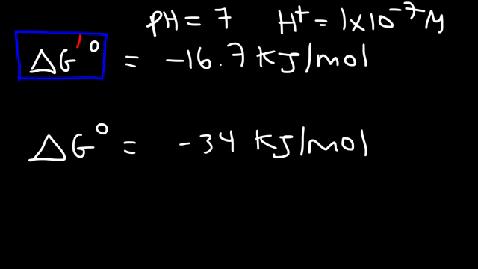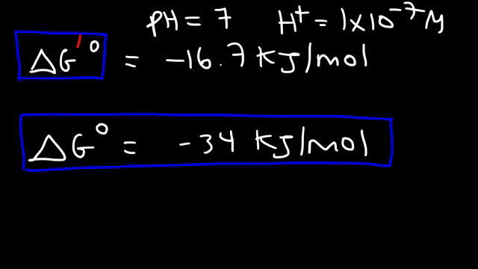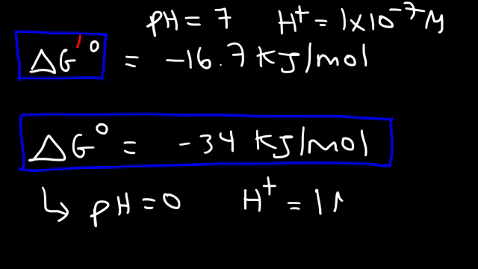Now, the one that chemists and people who deal with physics tend to use is this. For this one, the pH is 0 and the H plus concentration is 1 molar or 1 mole per liter.